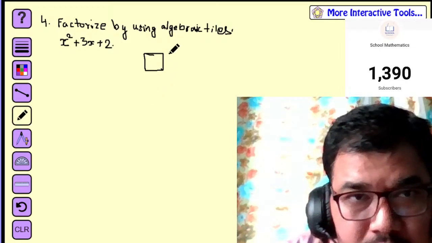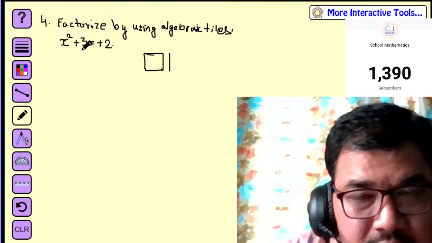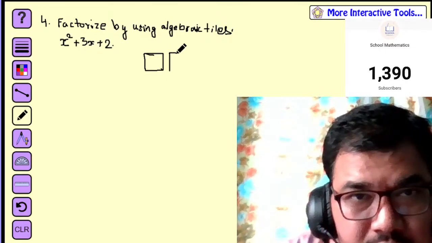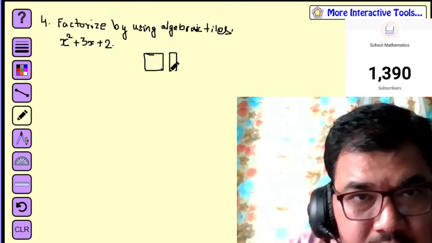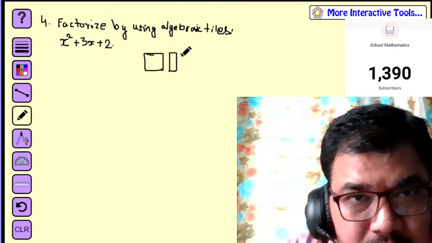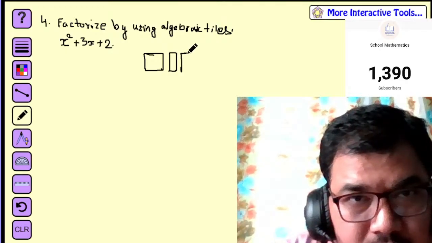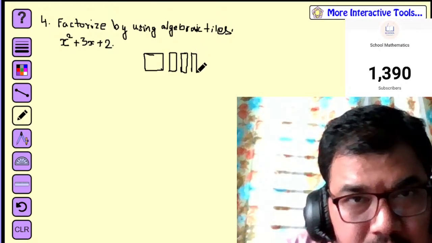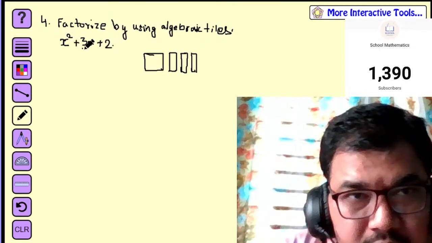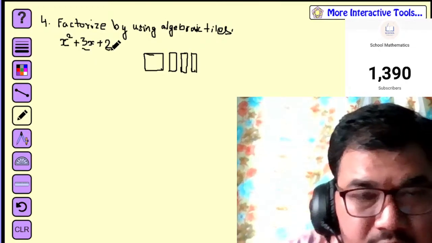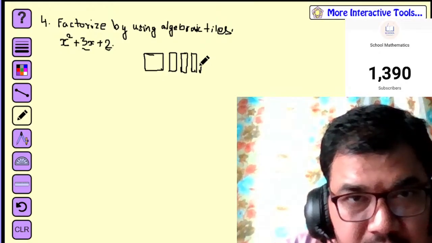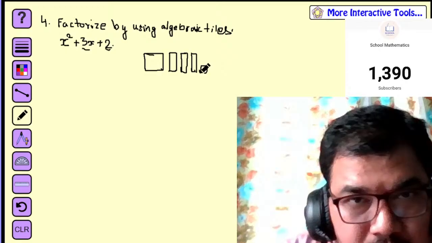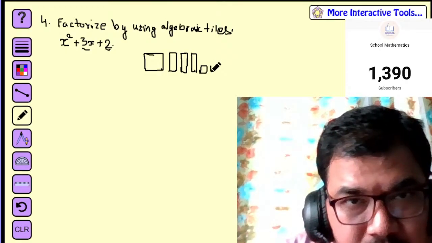We are using 3 rectangular tiles here. Since they are all positive, we use the blue color. There are 3 rectangles. Now the unit tile, what will be there? 2. This unit tile is the small one, 2.